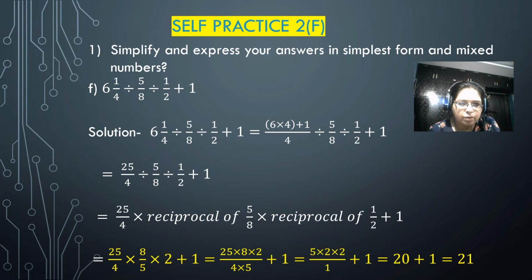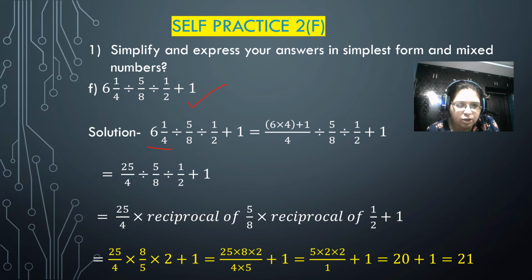Now we solve question number 5(f): 6 1/4 ÷ 5/8 ÷ (1/2 + 1). This is the expression and we have to simplify it. First we convert the mixed fraction 6 1/4 into an improper fraction.